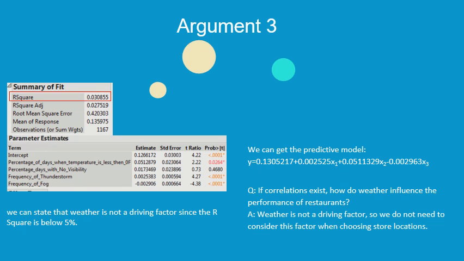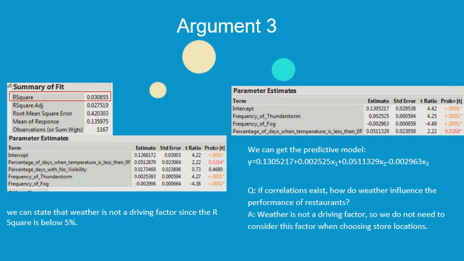But there are some variables that are significant because their p-value is very low. So we select out these p-values, which are for the frequency of thunderstorms, the frequency of days with temperature lower than 0F, and the frequency of fog.